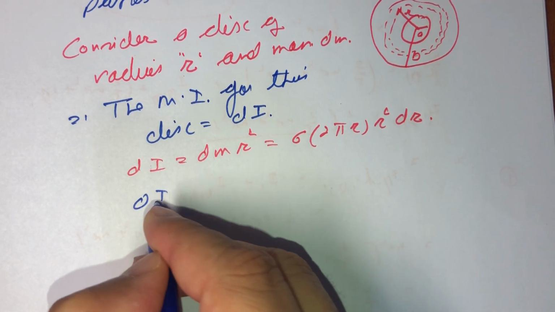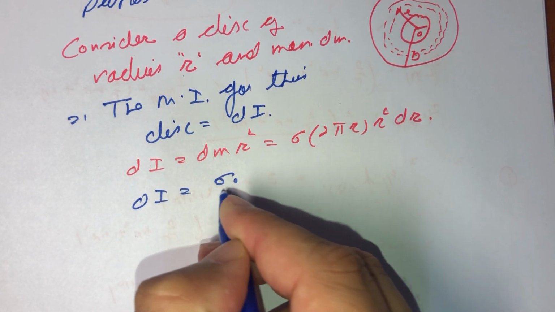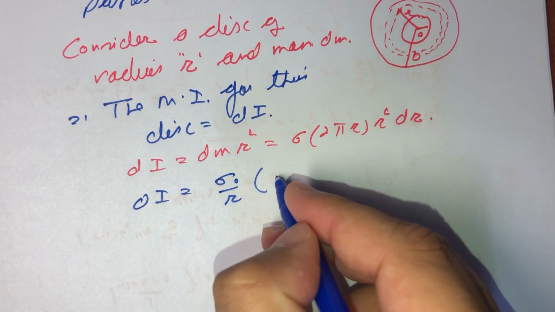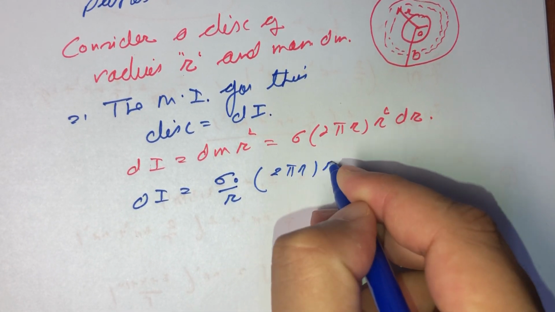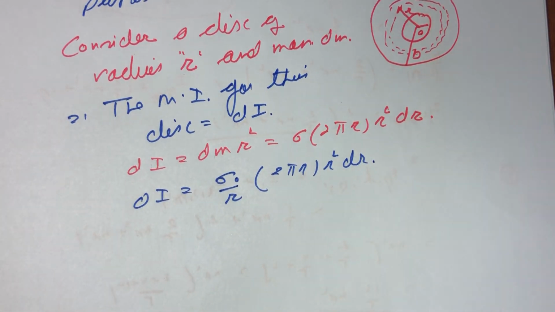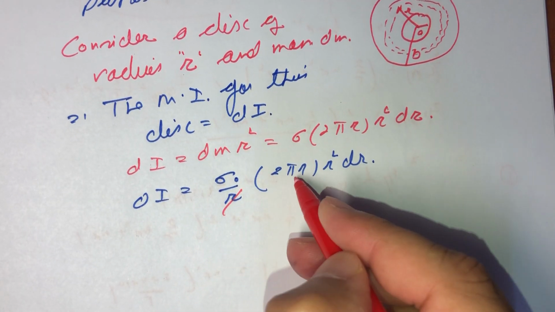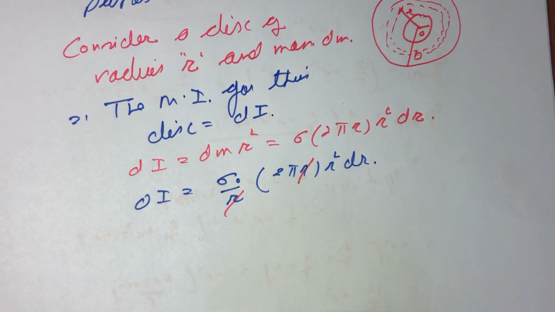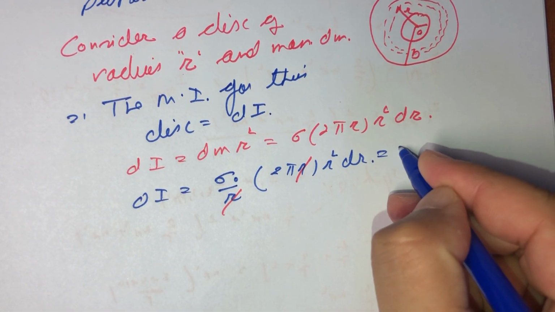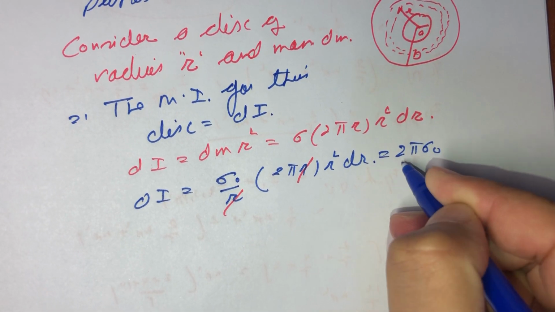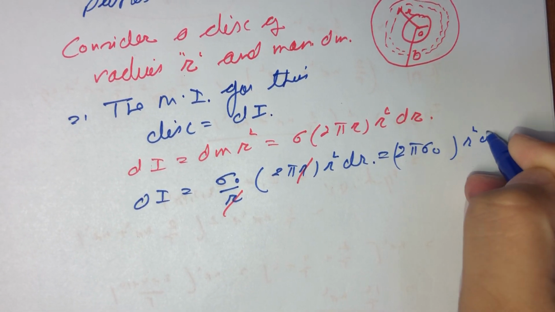So therefore dI will be equal to sigma naught upon r multiplied by 2 pi r, and this will be r square into dr. r and r cancel out, so we get this as 2 pi sigma naught r square dr.